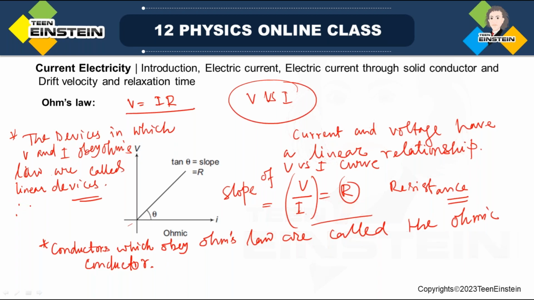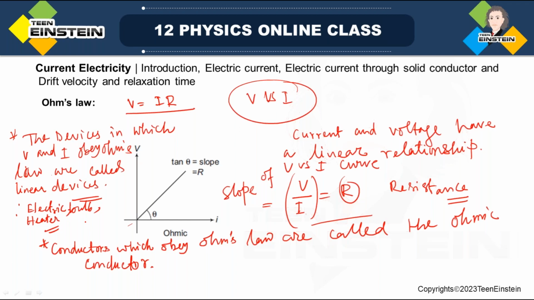For example, an electric bulb, a heater, etc. Their current and voltage linear relationship is being followed. So these are called ohmic conductors, ohmic devices, and sometimes linear devices.